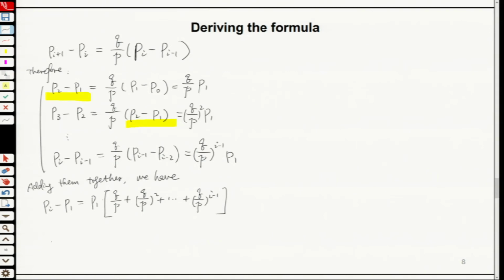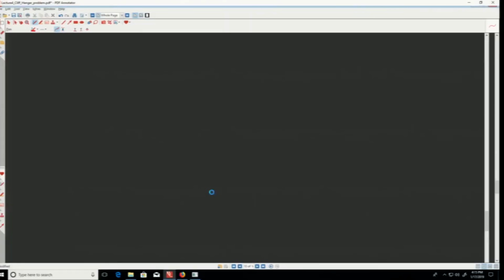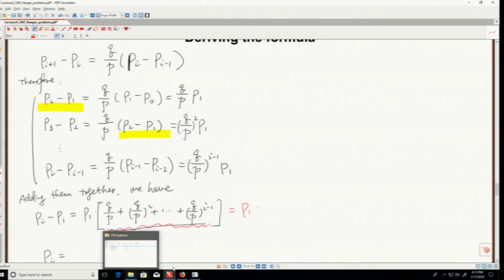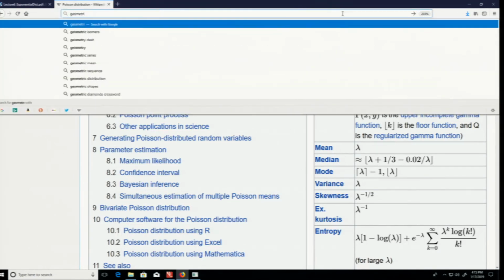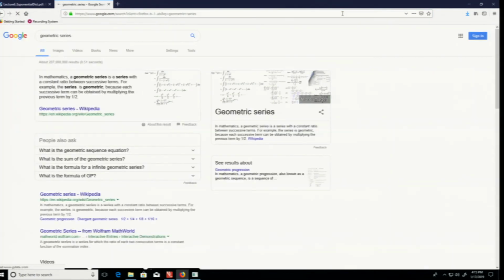So then we can solve for Pi. Pi is a function of P1. Now can we solve for Pi? Obviously, how do we calculate this? This equals P1 times what? Let me show you the geometric series. You remember what this is?